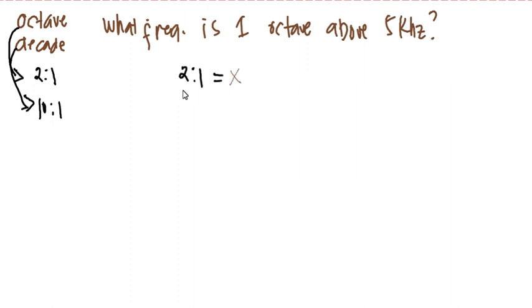Take note that the higher value goes first, since the question is above, x, then the lower value is 5 kilohertz. So our answer will be x is equal to 10 kilohertz.